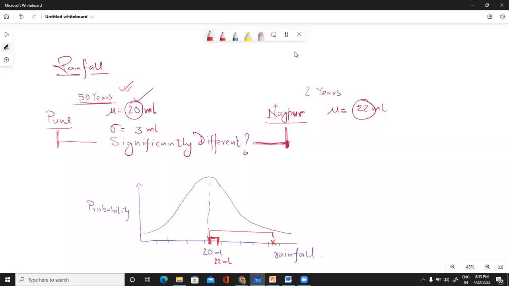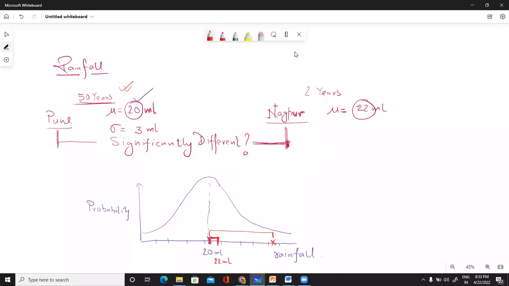It is definite that something is going on, or Pune and Nagpur are definitely different. If it is this far, then it is clear that Pune and Nagpur are different. But where to draw a line for saying whether it is significantly different or not?